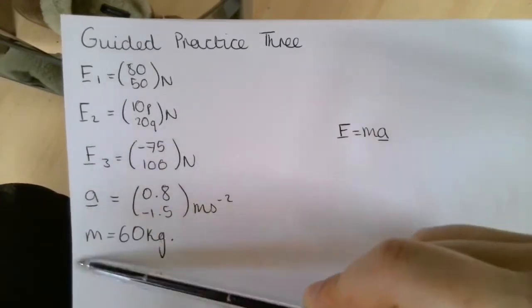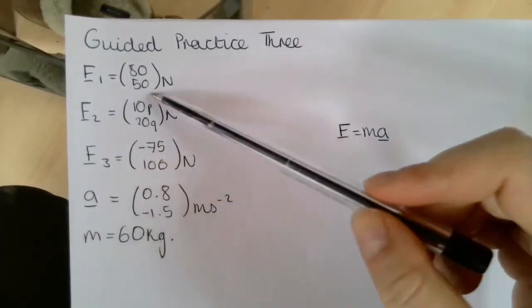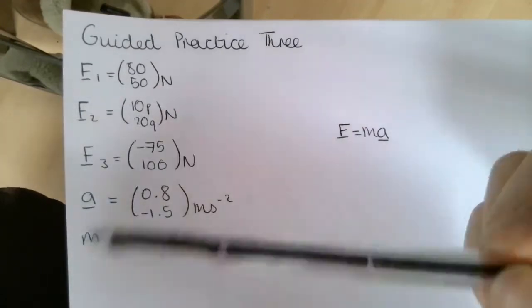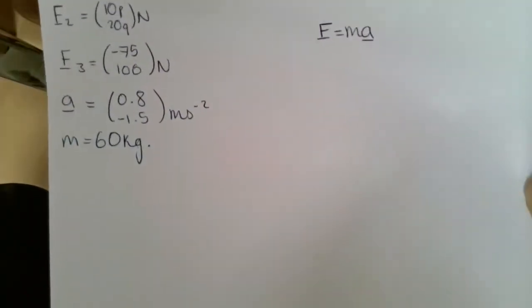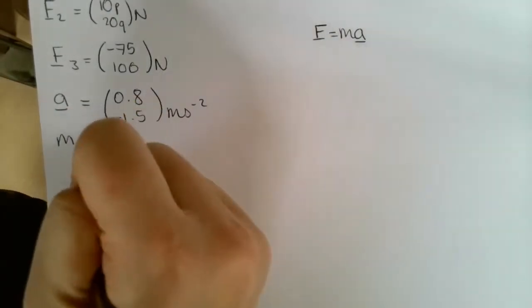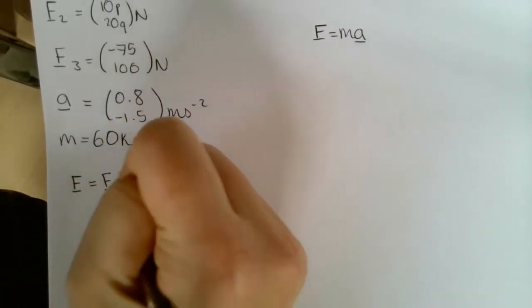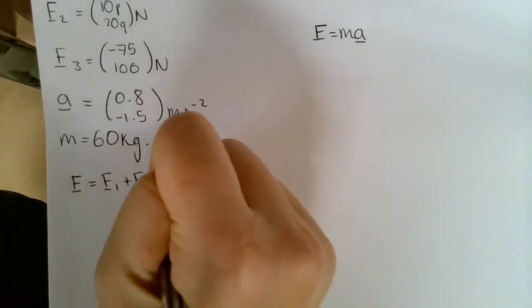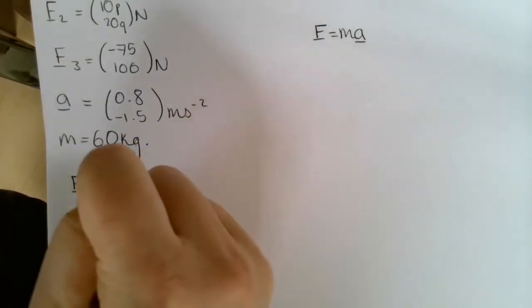So we're going to be setting up some equations to solve in terms of p and q. First of all, we're going to find that resultant force, F equals F1 plus F2 plus F3.